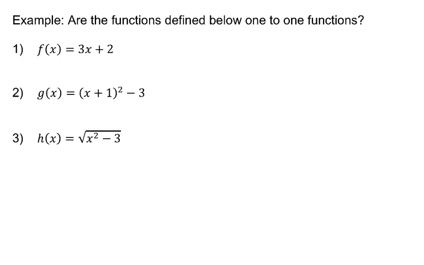Notice that number 1, for example, the equation is in the form y equal mx plus b, and we might remember that that would represent a line. Now, this is not a vertical line or a horizontal line because it has a slope of 3. And if you think about a line, as long as it's not vertical or horizontal, it will pass both the vertical and the horizontal line tests. So we can safely say that this is a 1-to-1 function, just thinking about the graph and the vertical and horizontal line tests.